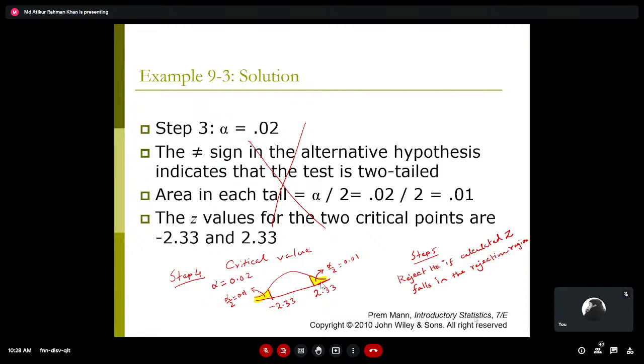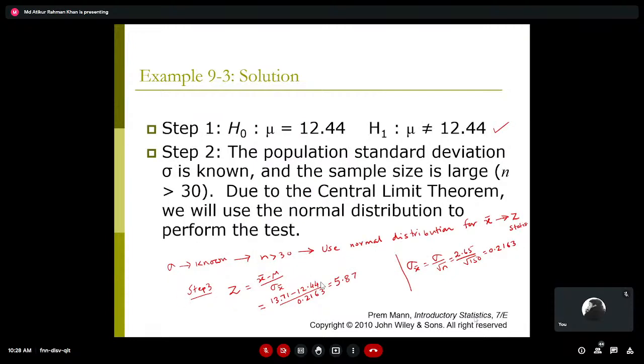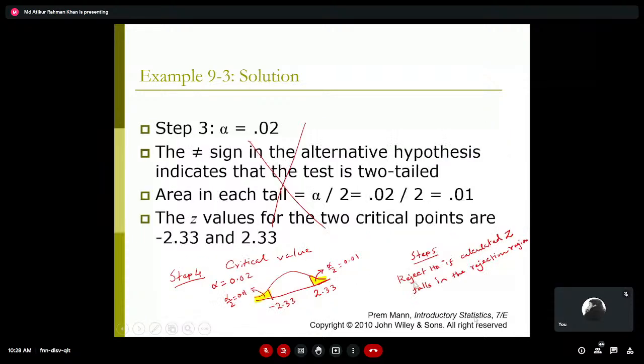Now what we can see from here is where Z equal to 5.87 is falling. 5.87 is falling somewhere in that region.